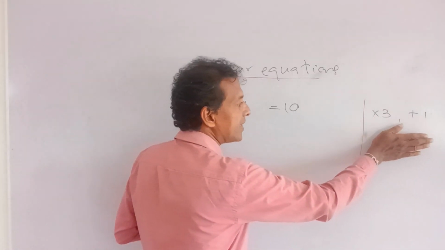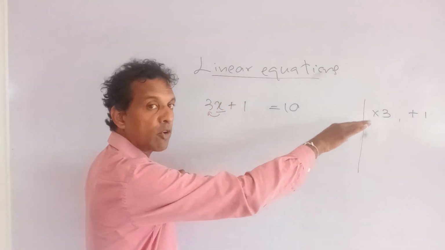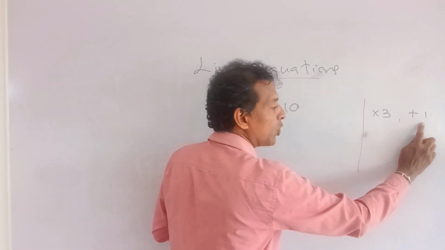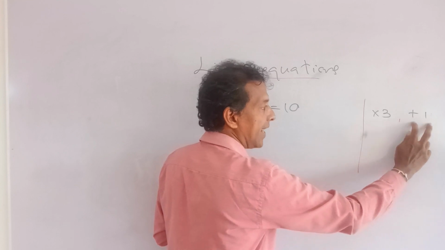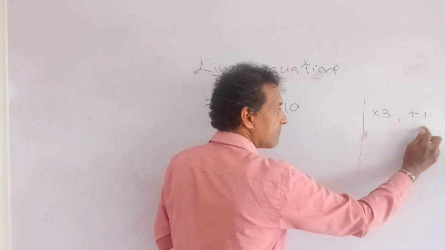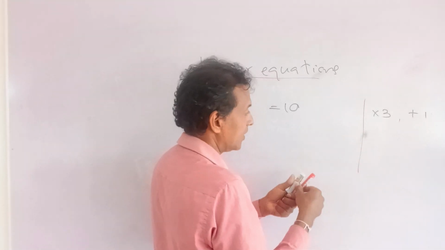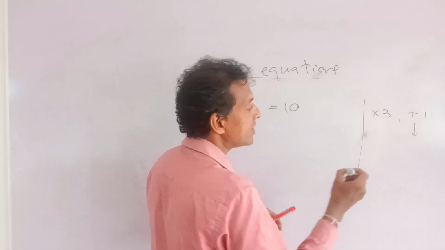So here is the secret of this. Once you identify these operations, we start with the inverse operation of that. So we start with the last operation we wrote here. First multiplied by 3 and then added. So we start with that. You start with the inverse operation of this here. So the inverse operation of addition of 1 is what? Subtraction of 1.